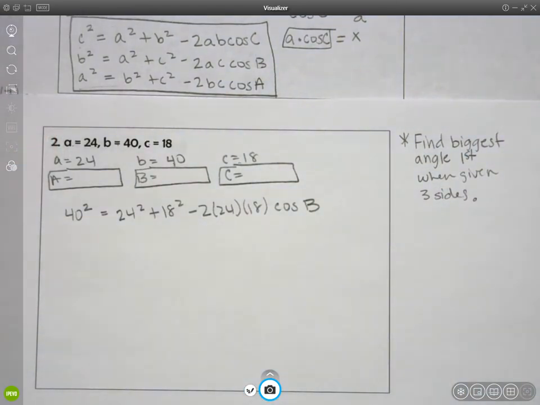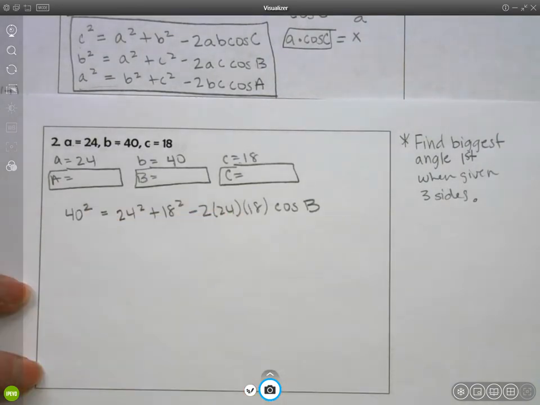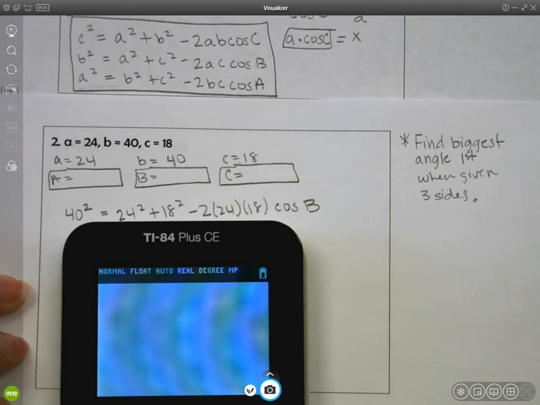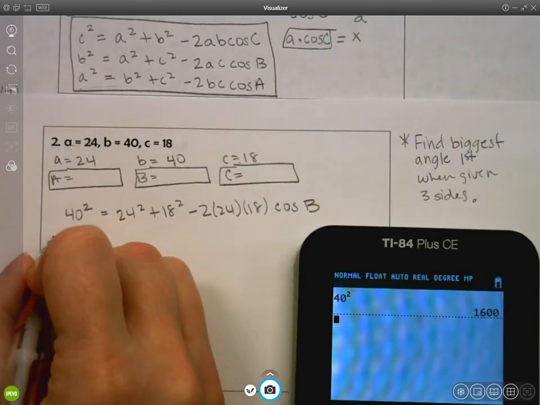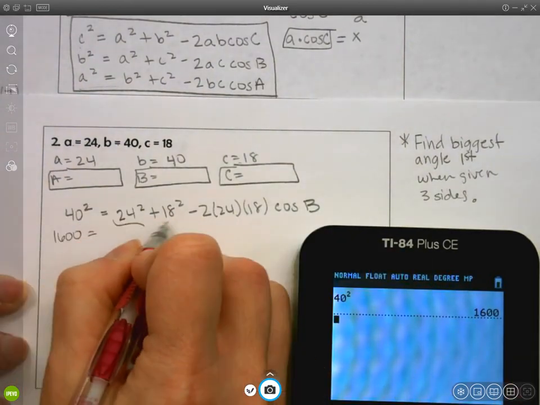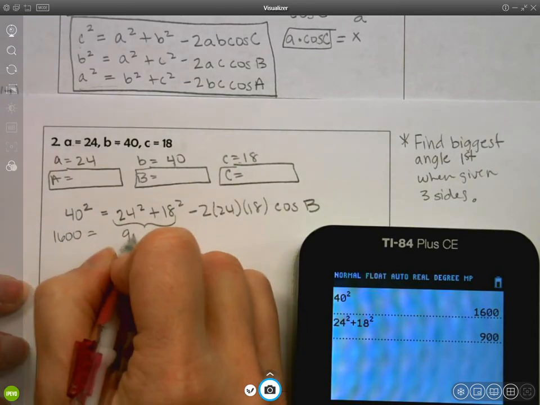All right, so this is the one where you have to understand how to solve an equation and follow all of those steps correctly. So I'm going to try to do a few things at a time so it doesn't take as long. So if I do 40 squared, I get 1600. And then I'm going to go ahead and put all of that together. So I'm going to do 24 squared plus 18 squared and get 900.